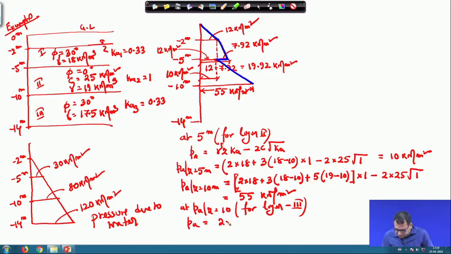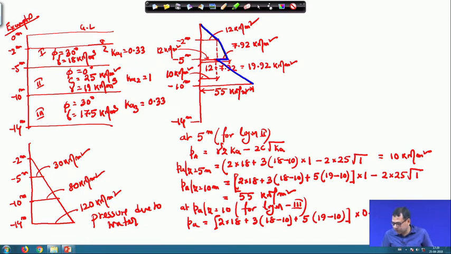So, I am writing 2 into 18 plus 3 into 18 minus 10 plus 5 into 19 minus 10, but here Ka3 is 0.33. So, this value is equal to 34.65 kilonewton per meter square.